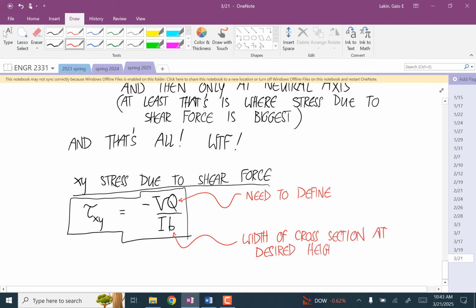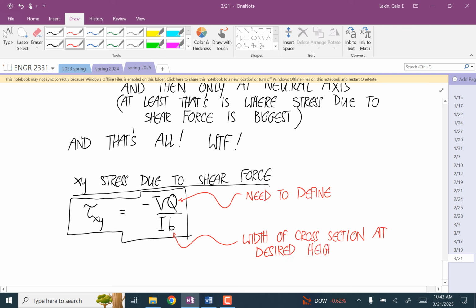And let's say that this is the line where we want to calculate the shear stress. Then the area above this line has a centroid.